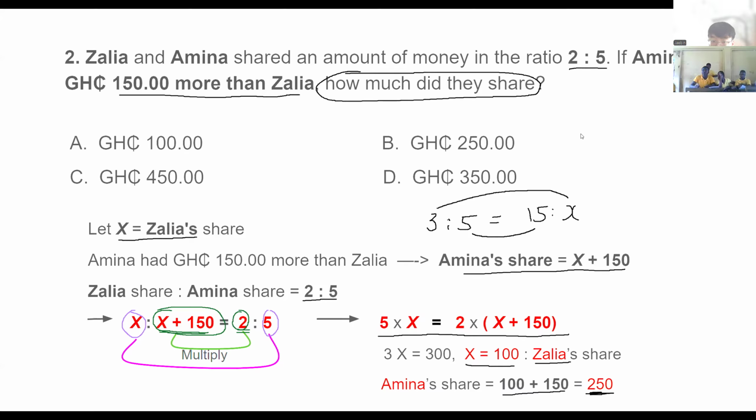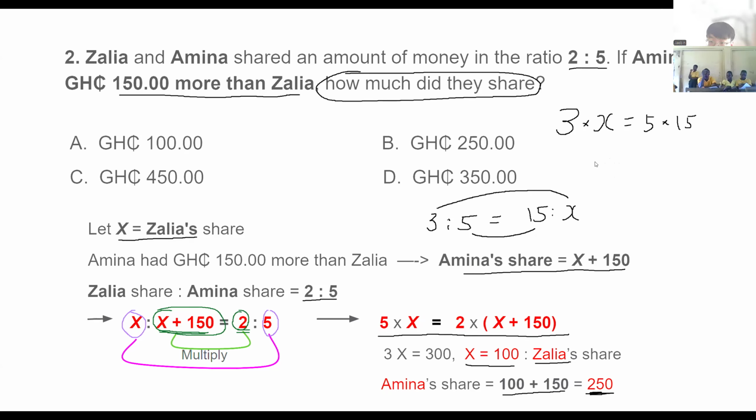Give me 25. Yes, can you say that again, please? Give me 25. Yeah, that's right. It's 25. Great job. It's because we see that 3 times x is equal to 5 times 15, right?